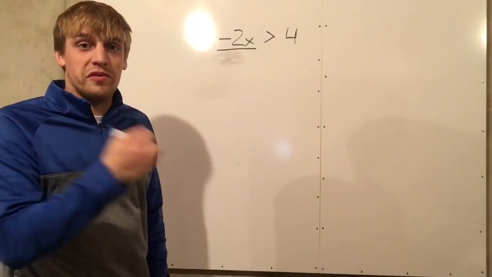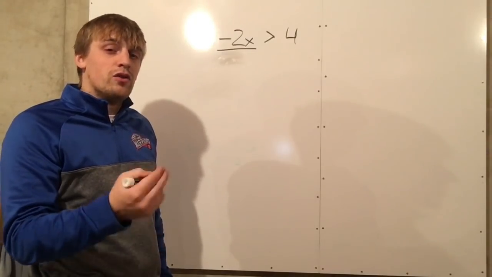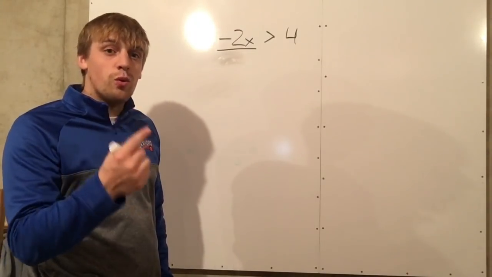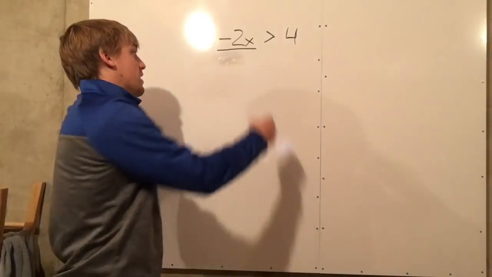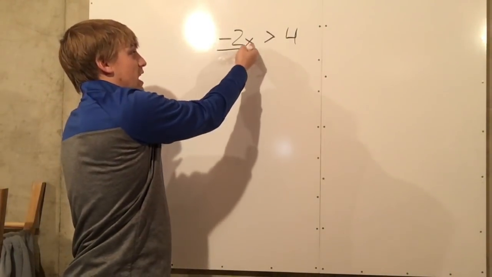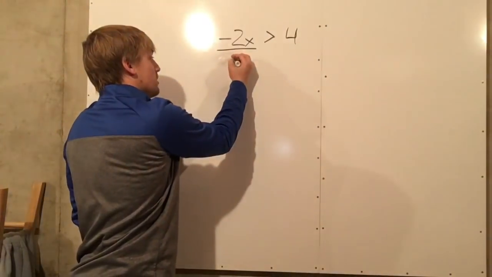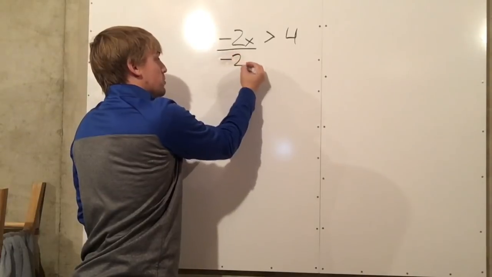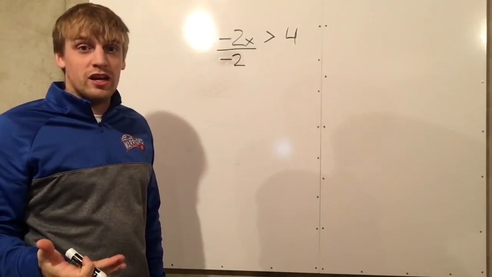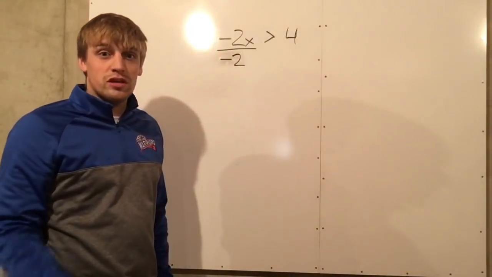The goal is to get the variable alone. When you're multiplying and dividing, in order to get the variable alone, you need to get it to 1x. So we ask ourselves, what can we divide by to get x by itself, to get x at 1? If we divide by negative 2, it's important that we divide by negative 2, because negative 2 divided by negative 2 is 1.